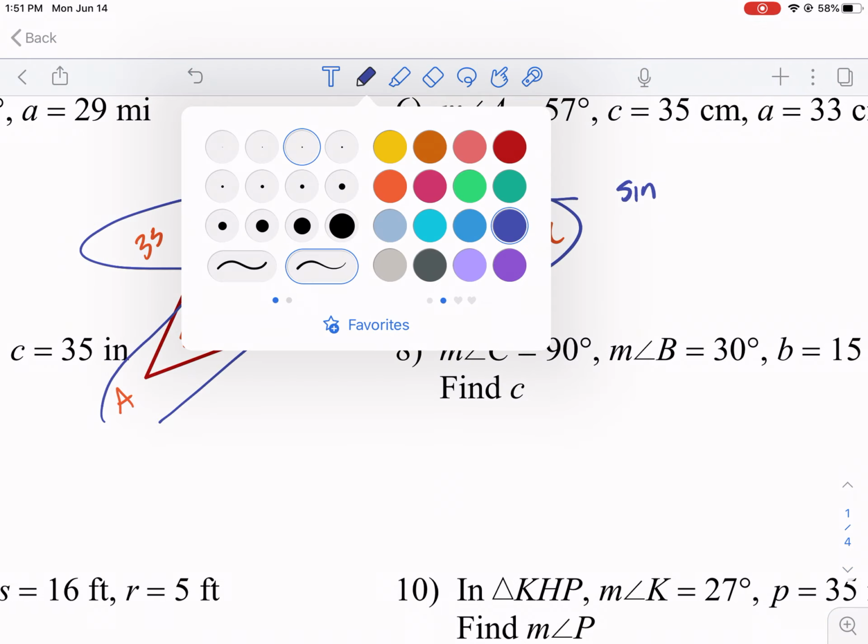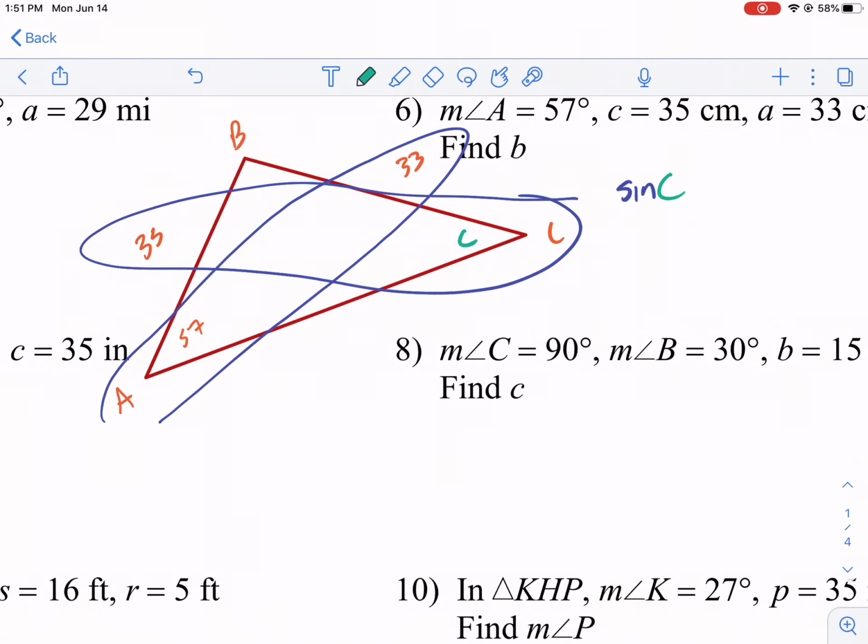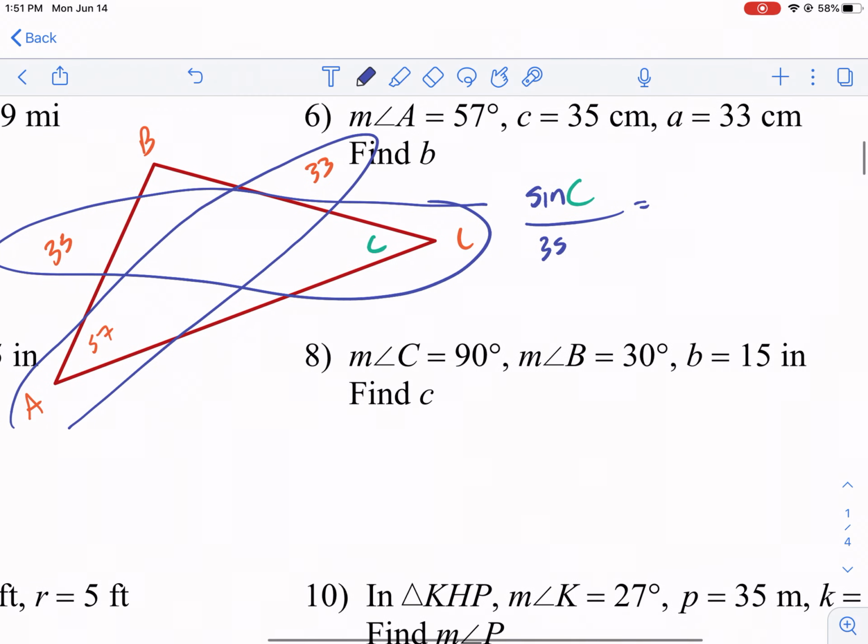Sine of C over 35 equals sine 57 over 33, and this is the same process we've been doing before. Cross multiply.